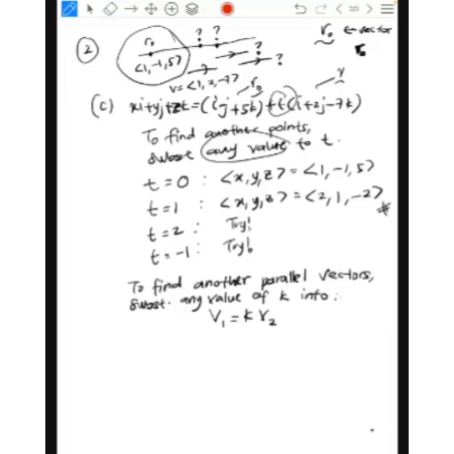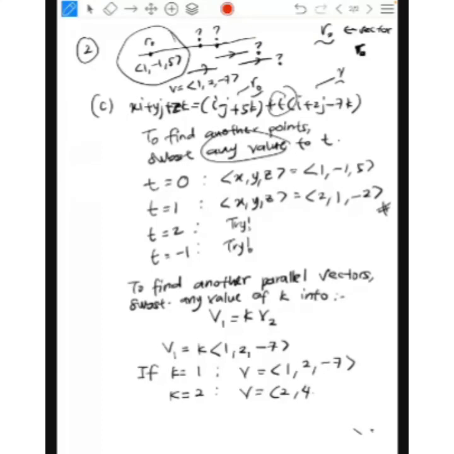V1 is what we want to try to find, another vector, and then the V2 is this V lah, which is 1, 2, negative 7. Okay, so if K equals to 1, then you will find your V equals to 1, 2, negative 7. Okay, if K equals to 2, then you will find your V equals to 2, 4, negative 14, and so on. You may try. Okay, so this is 2 of the answers.